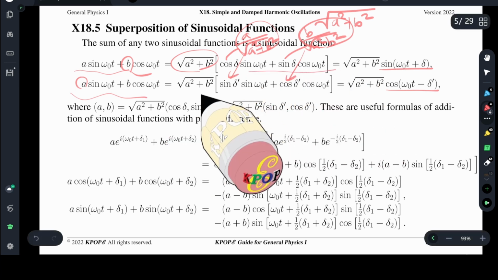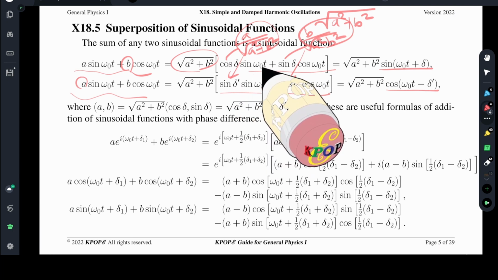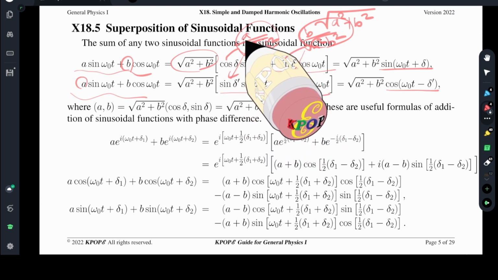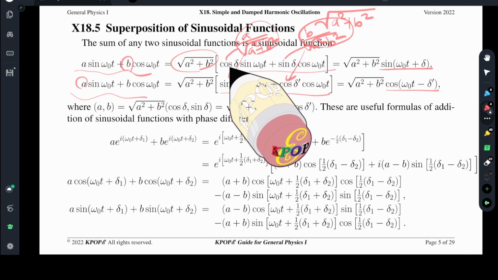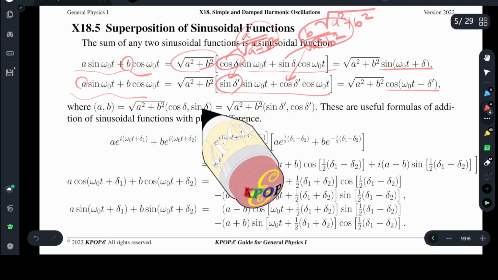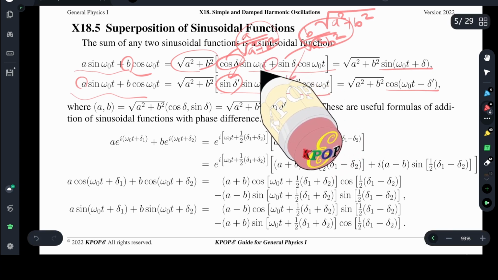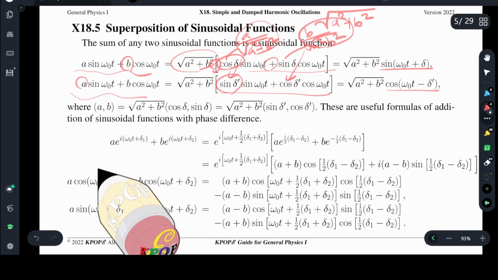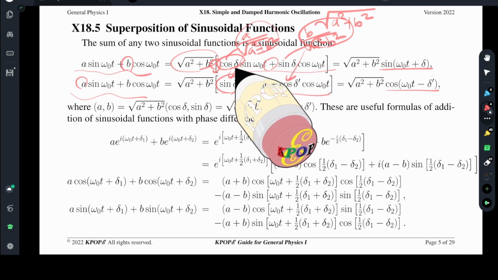The difference between the two strategies is that a over the square root of a squared plus b squared is either cosine or sine. However, if we want to make use of the addition formula for sine, then both of them should be positive, just sine cosine, cosine sine.